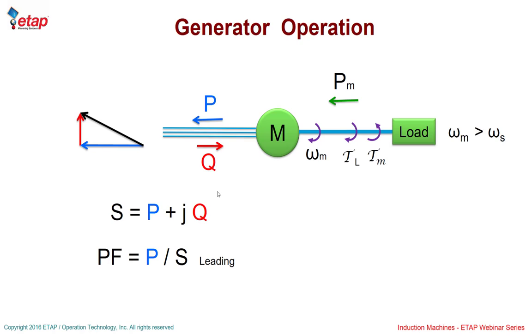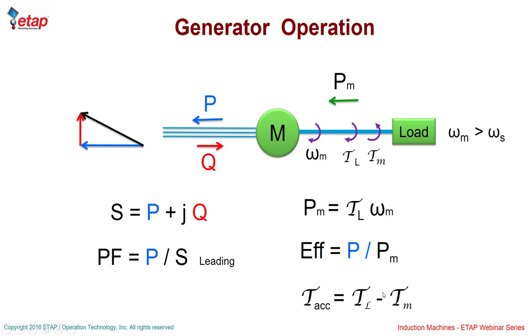The secondary or the rotor magnetic field is due to the induction of voltage from the stator to the rotor. So therefore Q always has to come to the motor, and therefore it becomes leading power factor. The equation on that side is the same equation, except efficiency now is reversed, electrical power divided by mechanical power.